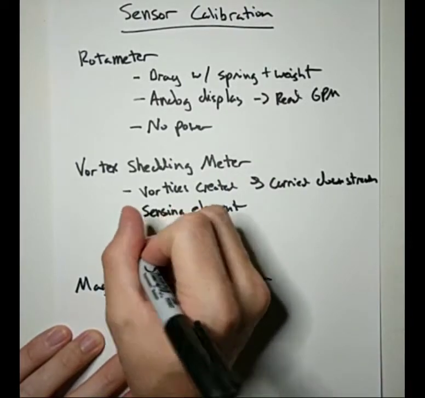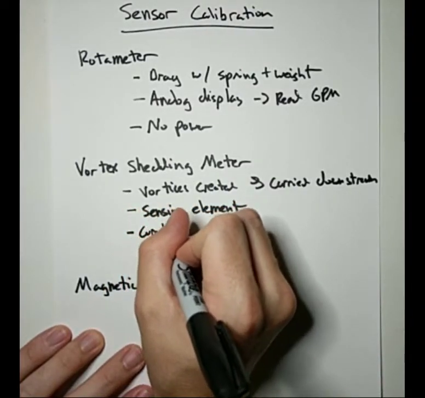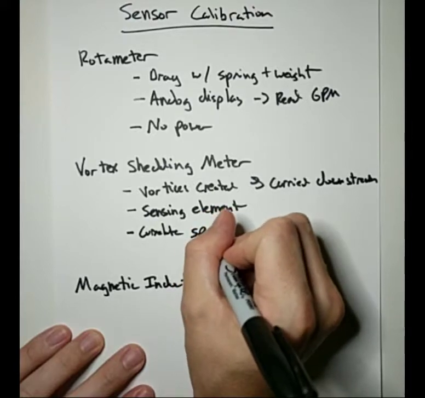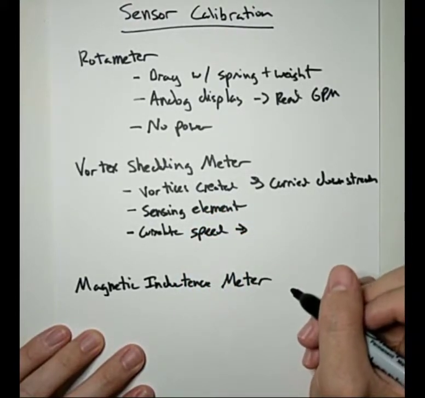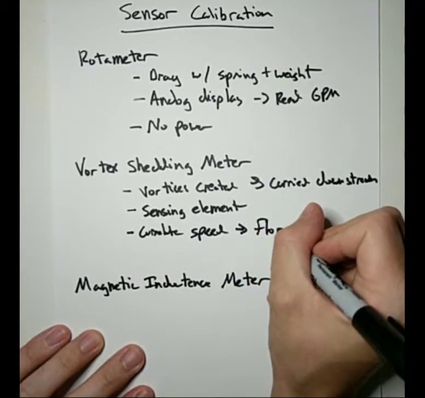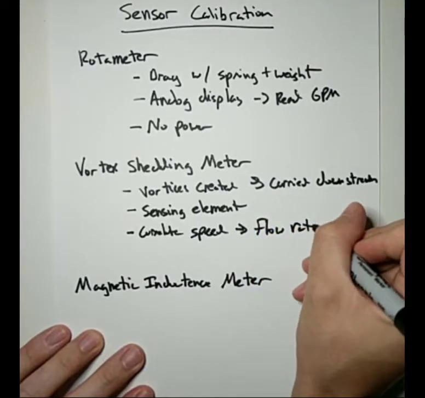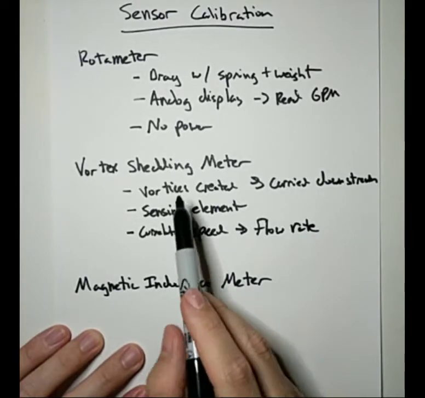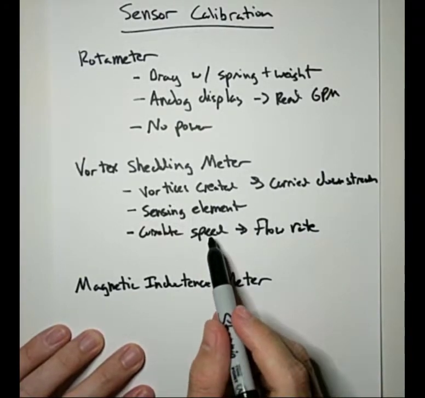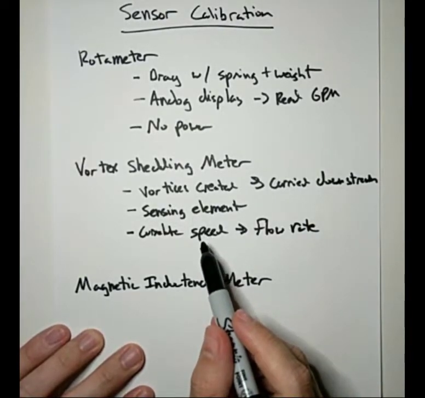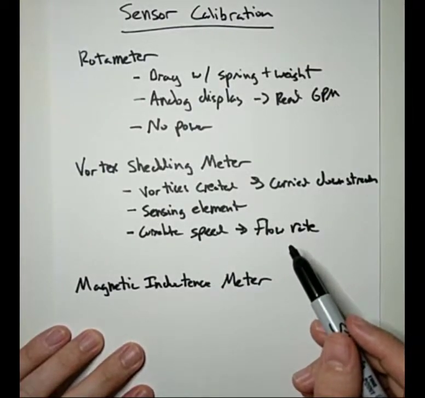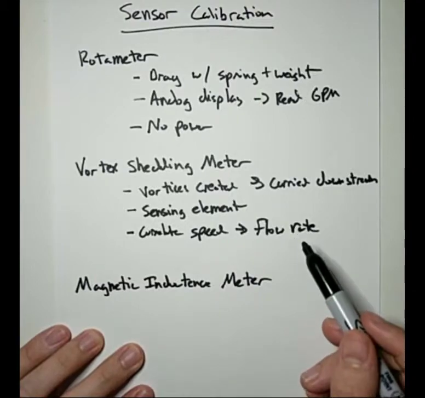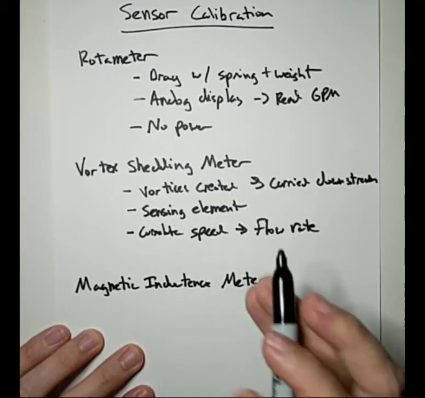So you can correlate the speed that those vortices move past that sensing element to the flow rate. Because we know that the vortices are moving at the speed that the water is flowing, so if we know the area of our sensor, we can find what the actual flow rate is.